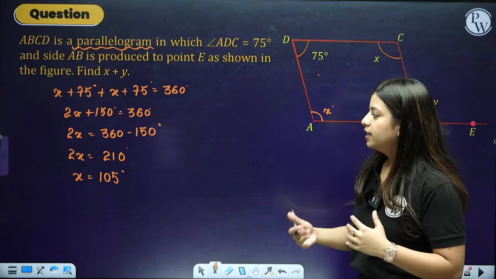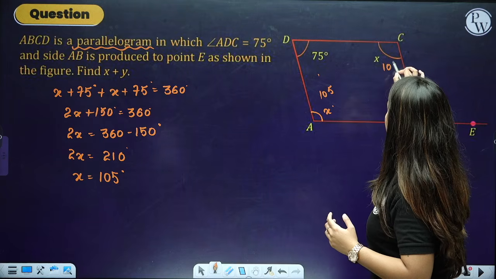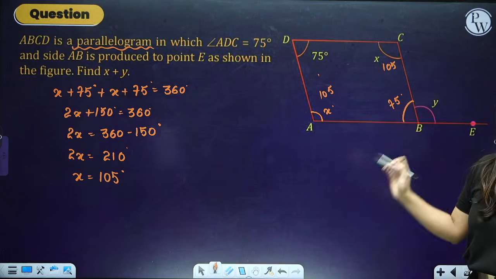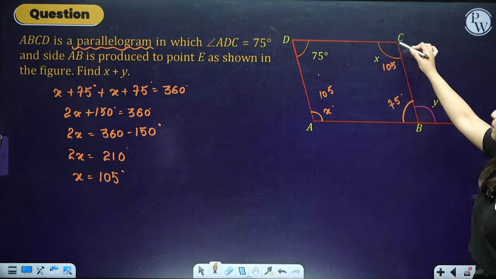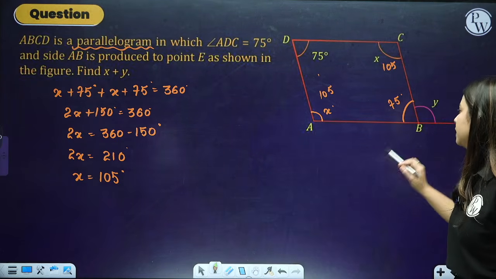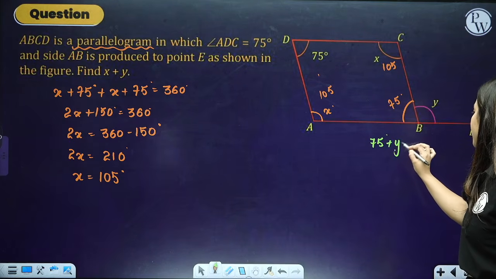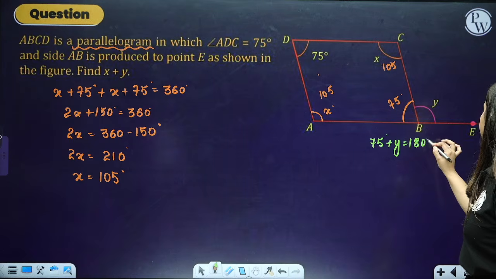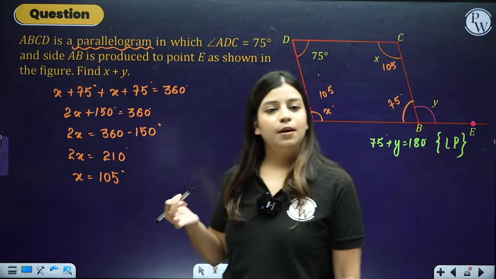Now the next thing is, we got that this is 105 and this is also 105. We need to find the value of y as well. We know that this angle ABC plus y will be 180 because of the linear pair. So 75 degrees plus y will be 180 degrees, the reason being they are forming a linear pair.